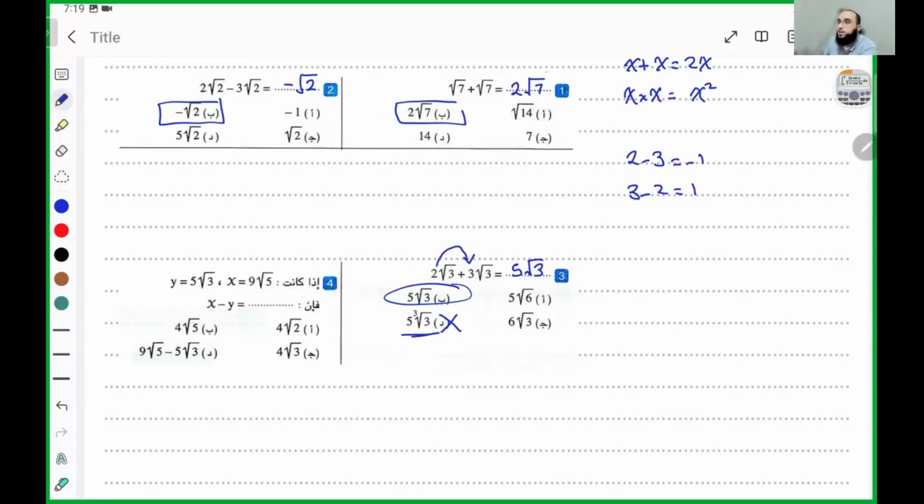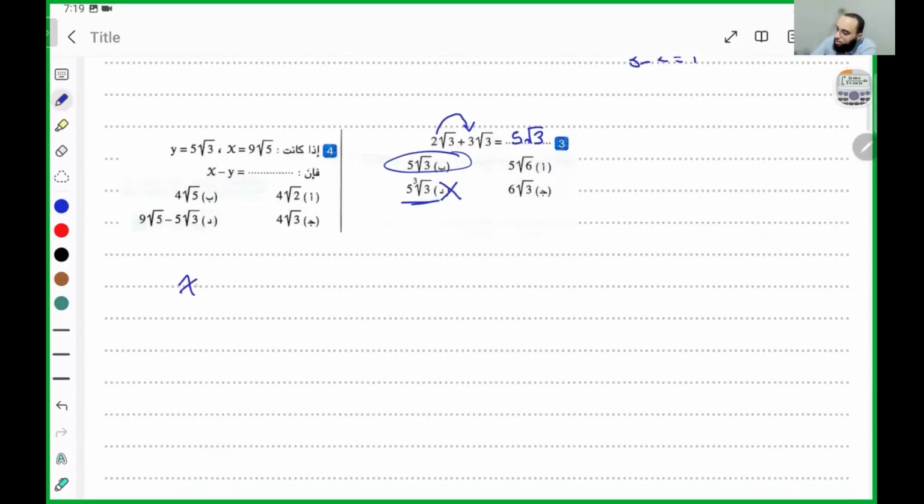And the next, Noor, you have x, you have y, you need x minus y. What is x? x is 9 root 5, minus y, which is 5 root 3. 9 minus 5 equals 4, correct? 4 root 5 or 4 root 3? They are different. One is root 5 and the other is root 3.